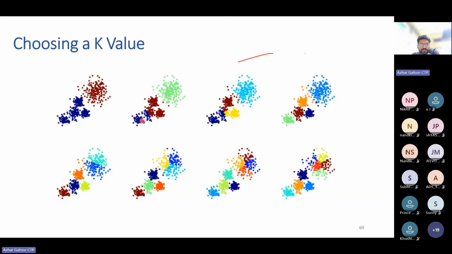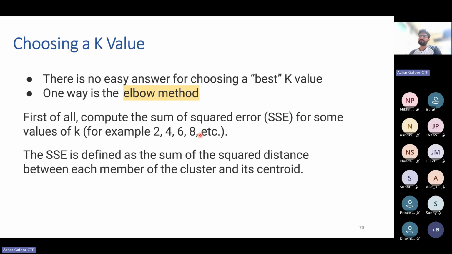Whereas when we increase the number of clusters, the centroids move closer to the points. Then the distance of the points to the centroid will reduce, so that the error will also get reduced.